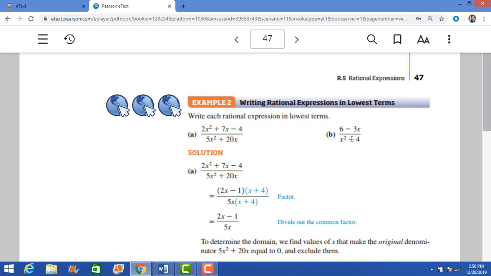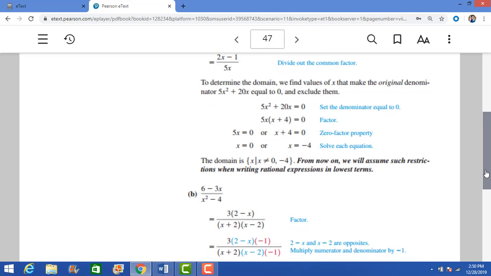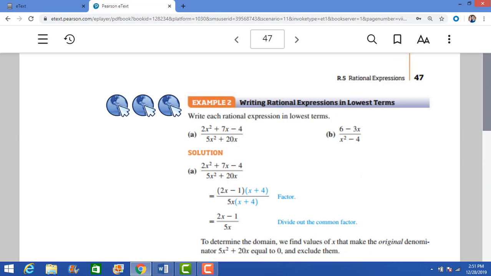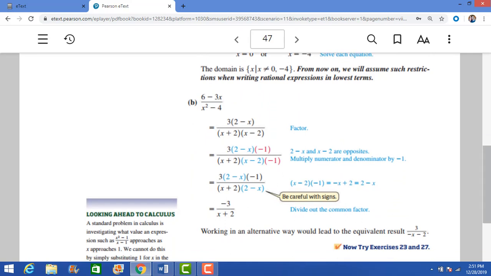So now we have a difference of two squares here. So which means this is going to be factorable into x plus 4 and x plus 2 and x minus 2. And so in that case, the restricted values are going to be plus or minus 2. Okay, so now we see when we factor the top, right?